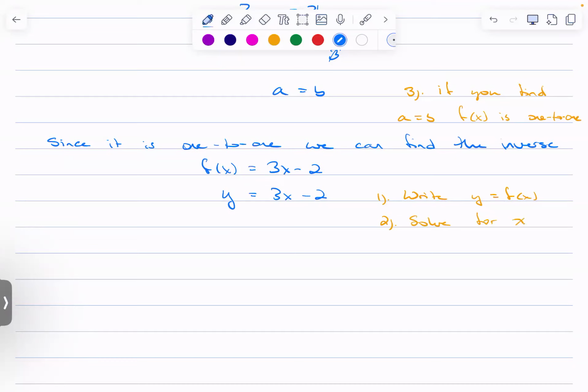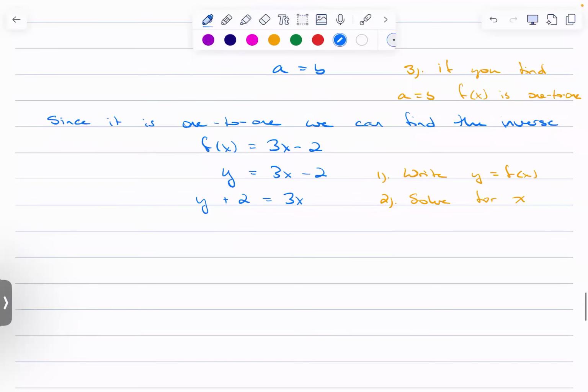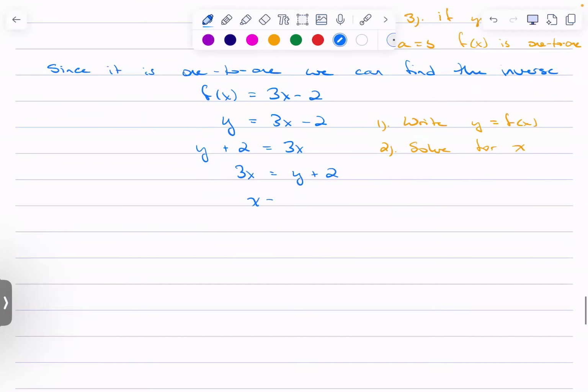If I rearrange this, I get y plus 2 is equal to 3x. And then I use my equal sign revolving door here. 3x is equal to y plus 2. That's still true. And then solving for x, I get y plus 2 divided by 3.